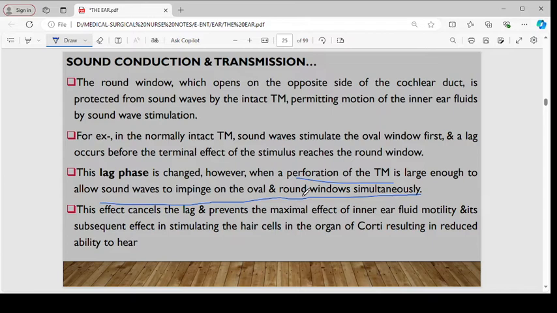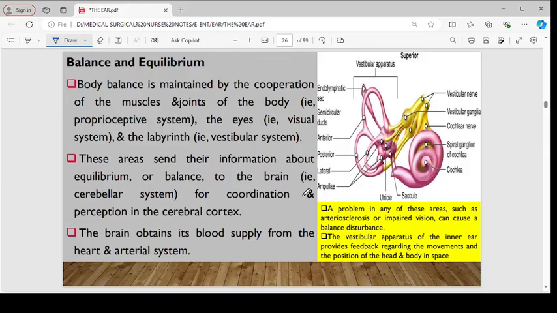This effect cancels the lag and prevents the maximum effect of inner ear fluid mobility and its subsequent effect on stimulating the hair cells in the organ of Corti, resulting in a reduced ability to hear.